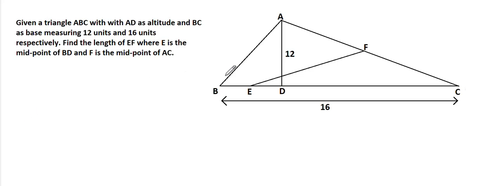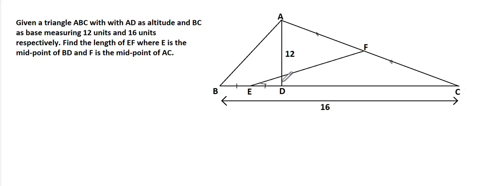Okay, so first of all, we can easily see that the question has given that E is the midpoint of BD, so let's mark it as X, and this one will also be equal. So these two are equal. Now we have AF and FC equal, since F is the midpoint of AC.